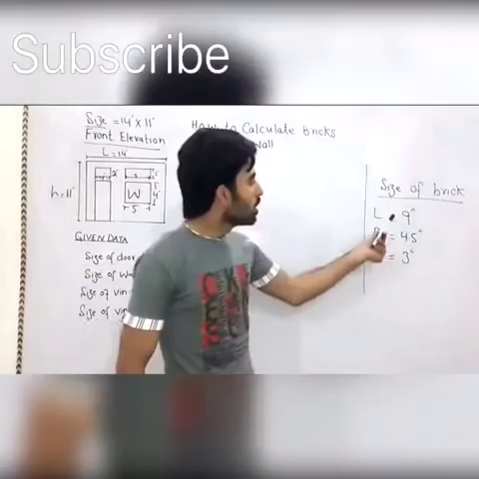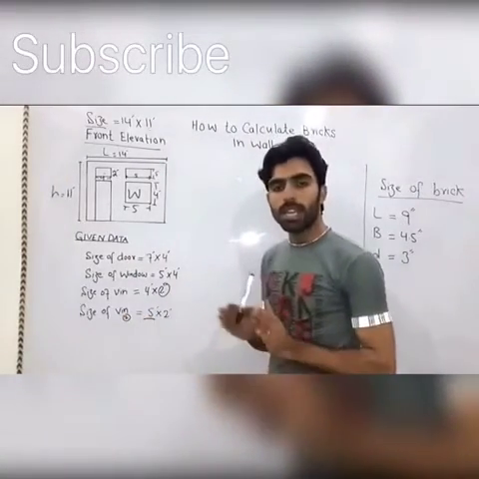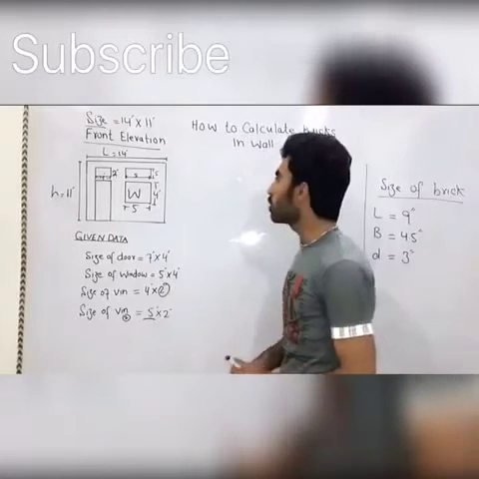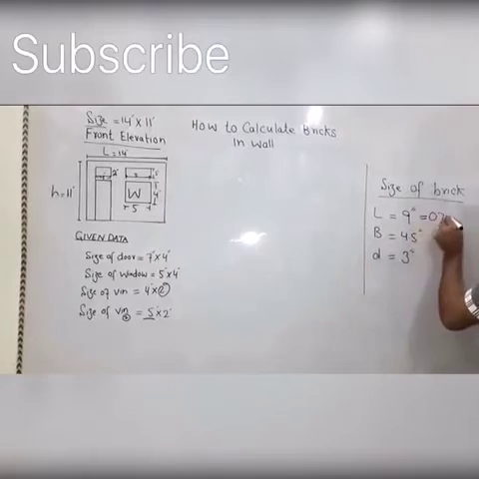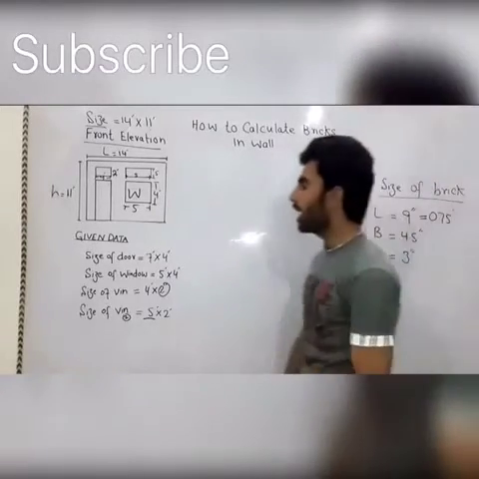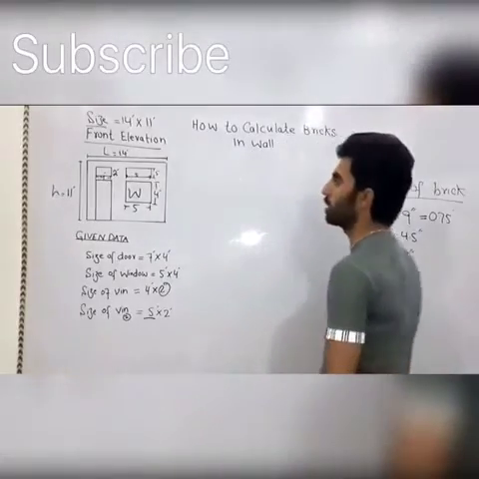So this is a 9 inch brick wall, meaning the thickness of the wall will be 9 inch. When you convert 9 inch to feet, it gives you 0.75 feet. Keep this in mind.